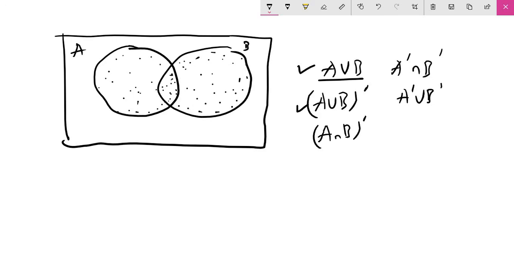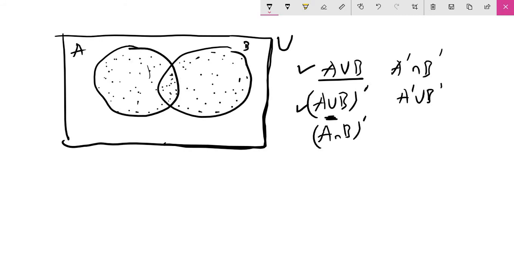Now, the complement of that means all elements that are found within the universal set, so they are bound within the rectangle, but they are not within A union B. They are not inside any of these dotted places.